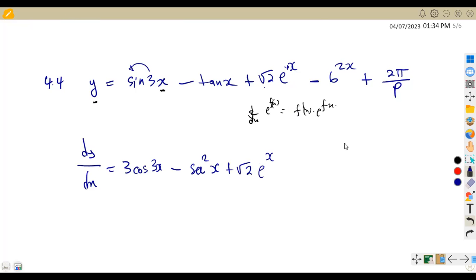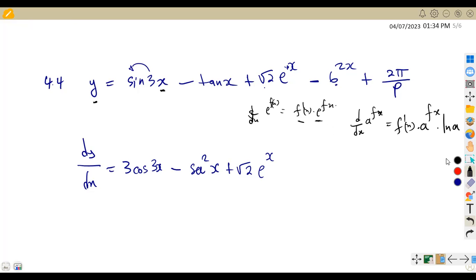It's not a problem. Then the derivative here of minus 6 to the exponent. So here we can take advantage of the derivative with respect to x of a to the exponent of f of x, which is the same as that one for e, which is the first derivative with respect to f of x times a to the exponent of f of x times ln of a, which is the one that I was saying for e, to say we can use ln e, but we can leave it like that because we know that ln e is equal to 1.